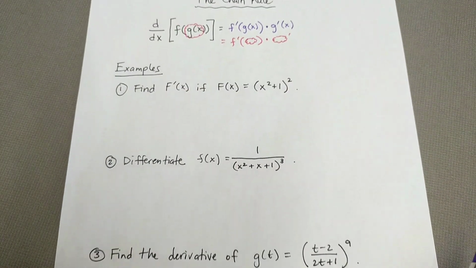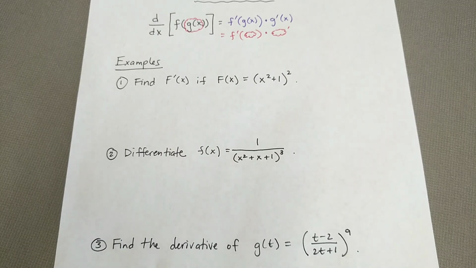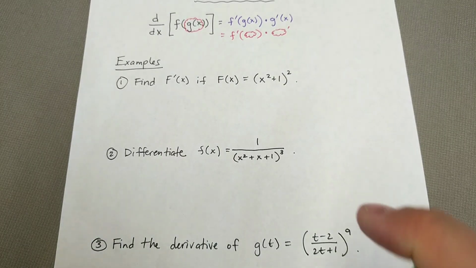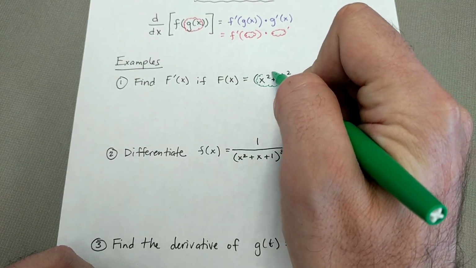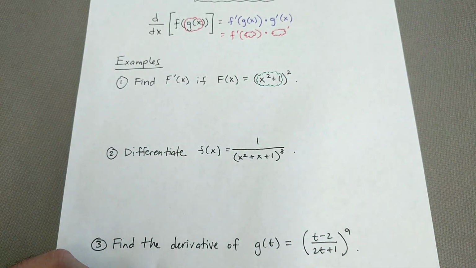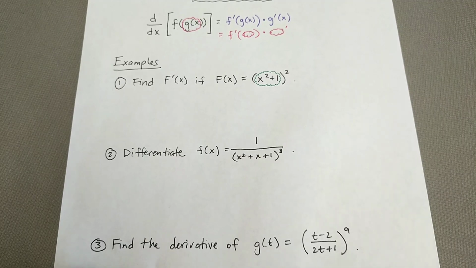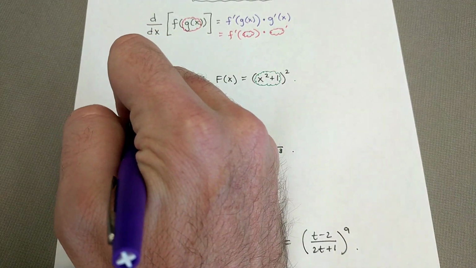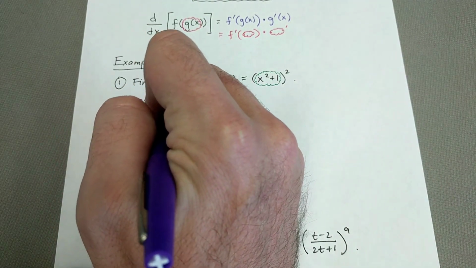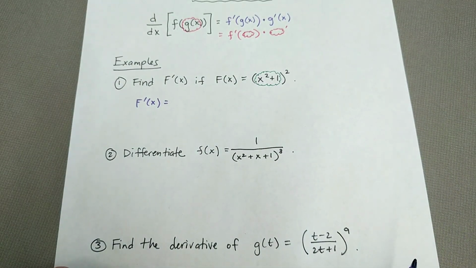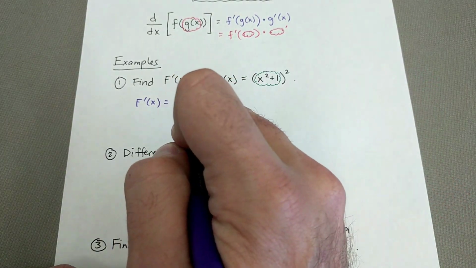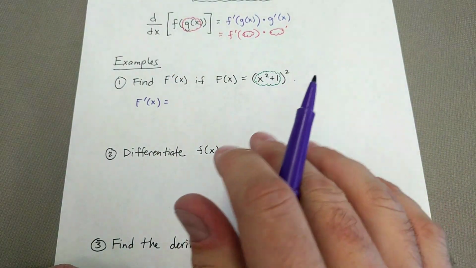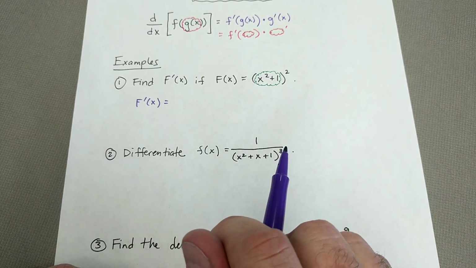So for this one here, I'm going to look at this and go, cool, the blob, the inside function is this here. So if I'm thinking about the derivative of big F, so big F prime of x is equal to, all right, the derivative of the outside function with the blob still intact.